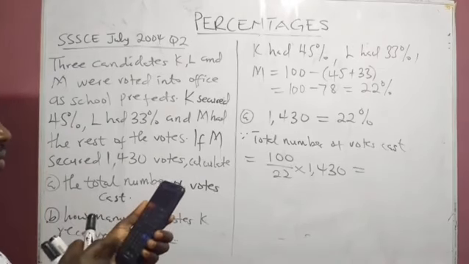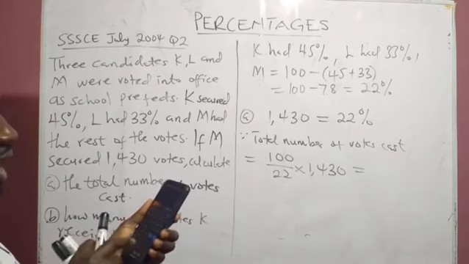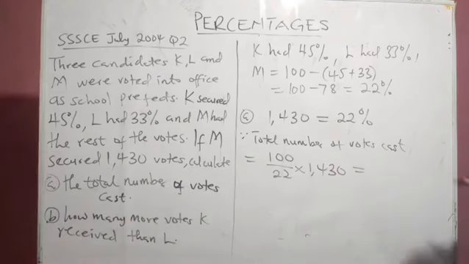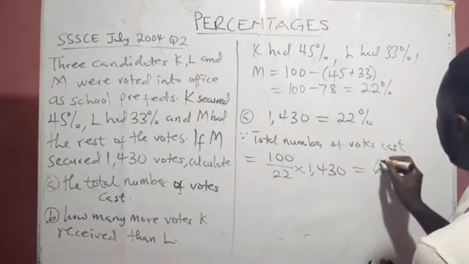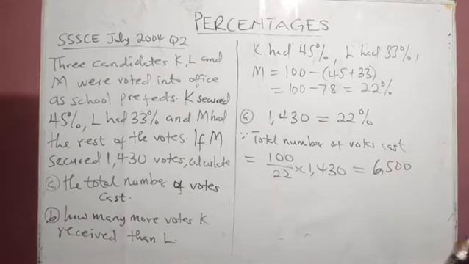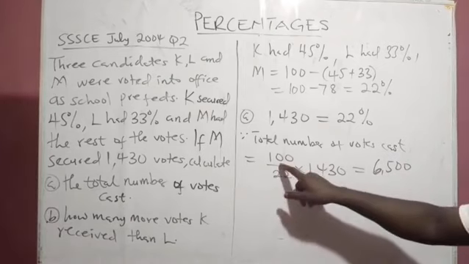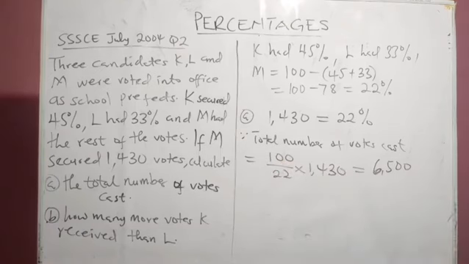So 100 divided by 22 times 1,430 will give us 6,500. So the total number of votes cast was 6,500. So this 6,500 is the 100%, and 22% is 1,430. All right. So simple.